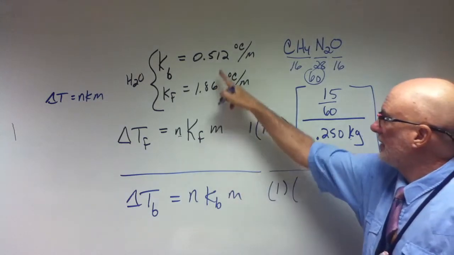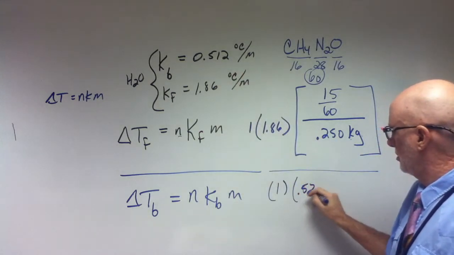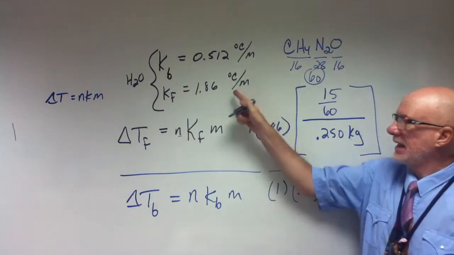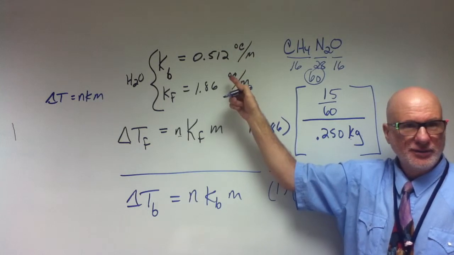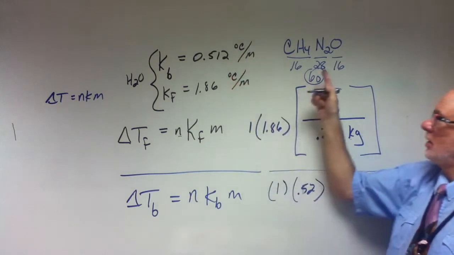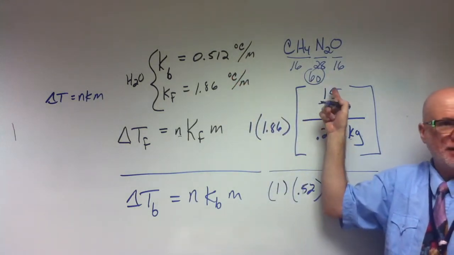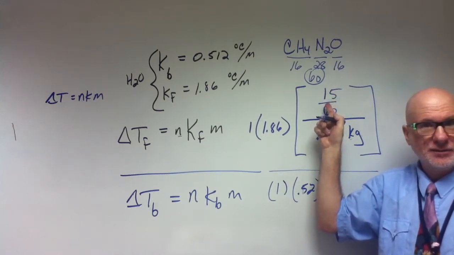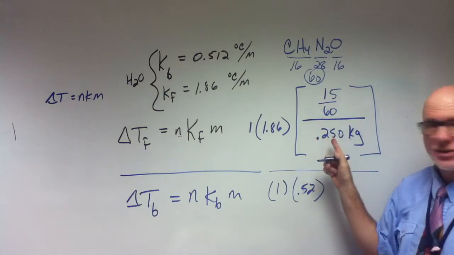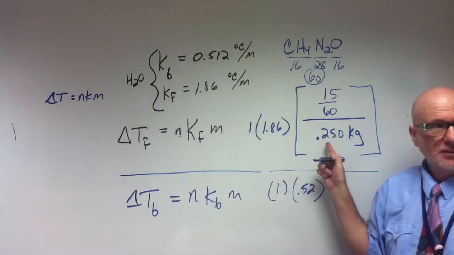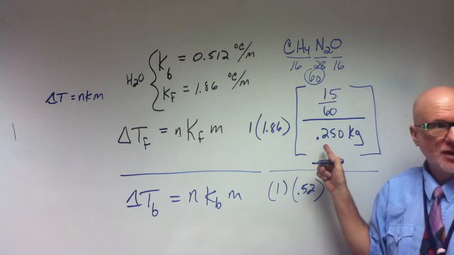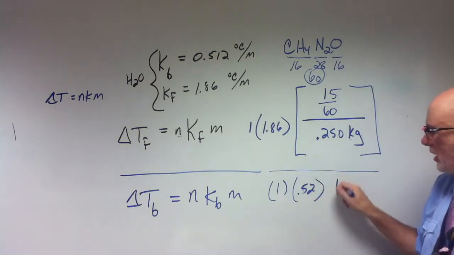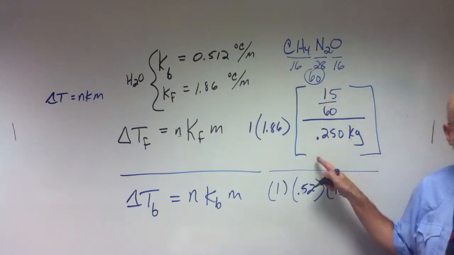This is 0.52, the KB, and 1.86 is the KF. We know that's moles because it's grams over gram molecular weight, and the total is the kilograms of water. So I multiply this by 1 because that's 0.25 over 0.25.